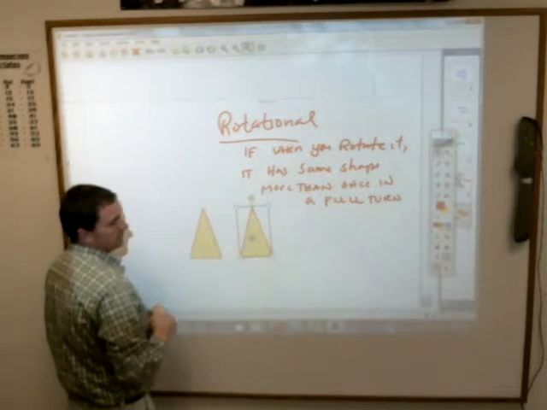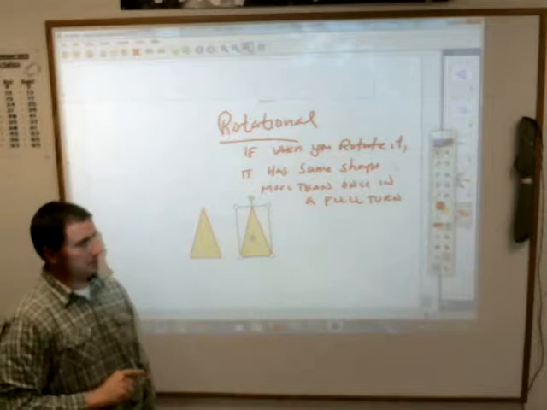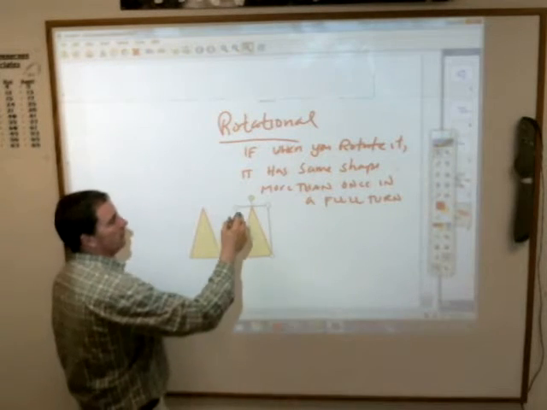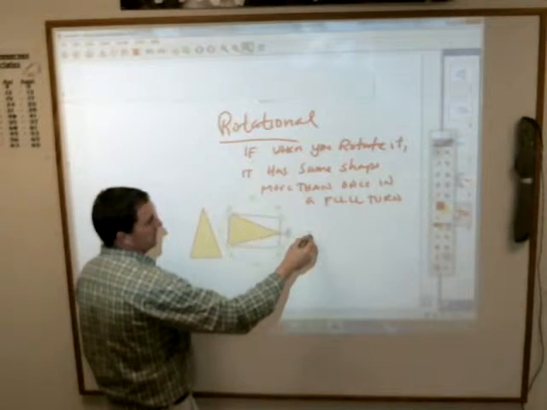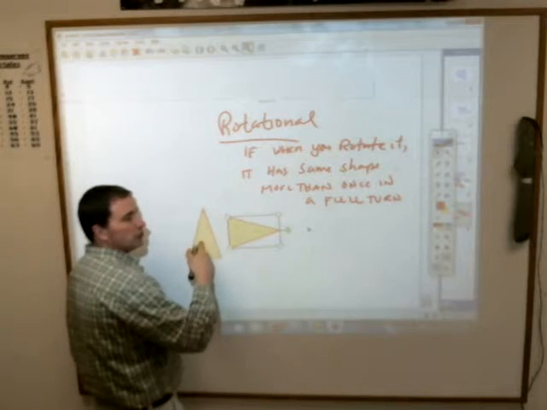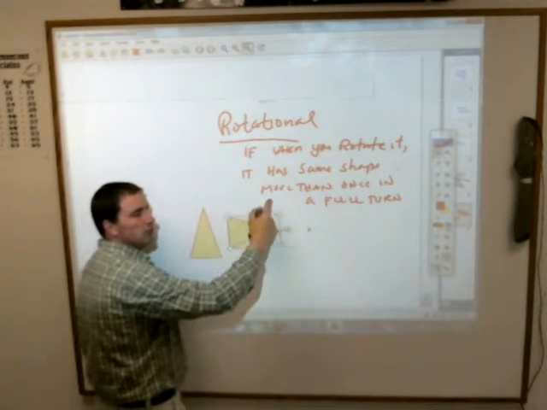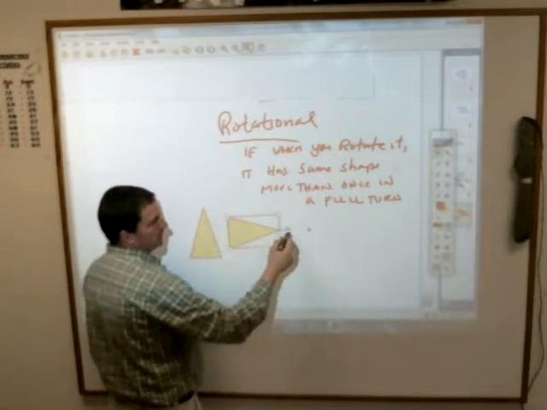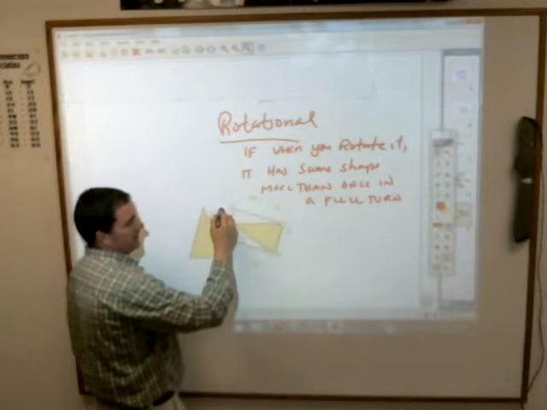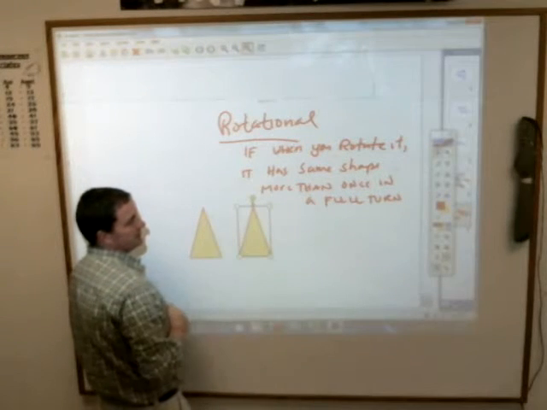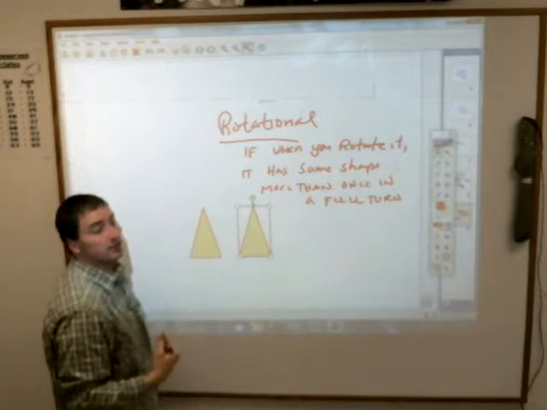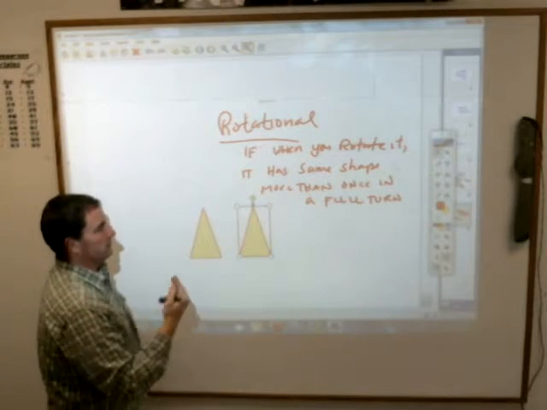Okay, maybe I should slide it over here. What rotational symmetry is, when you spin it a half a turn or any amount of turn, will it ever look just like this before you do it one full turn? Okay, and in this case, this one does not. It does not have rotational symmetry because it doesn't ever match up until you do that whole turn.